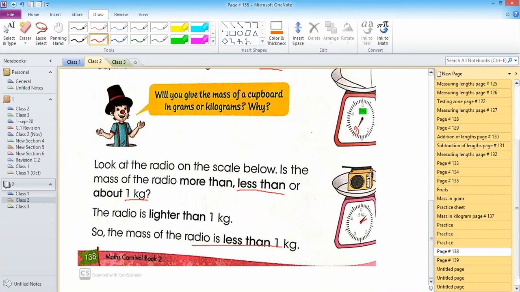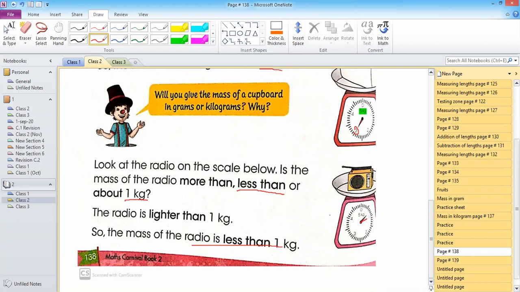If the needle comes exactly at 1, 2, 3, 4, you can easily say, sir, the mass of that object is 1 kg, 2 kg, 3 kg, or 4 kg. And if it doesn't come exactly at 1, then if it is before 1, you will say it is less than 1.